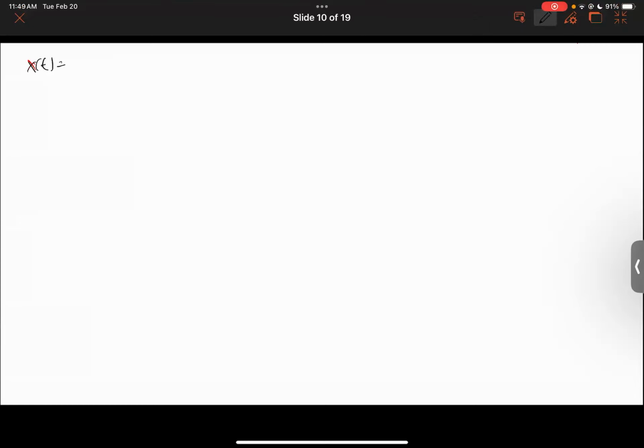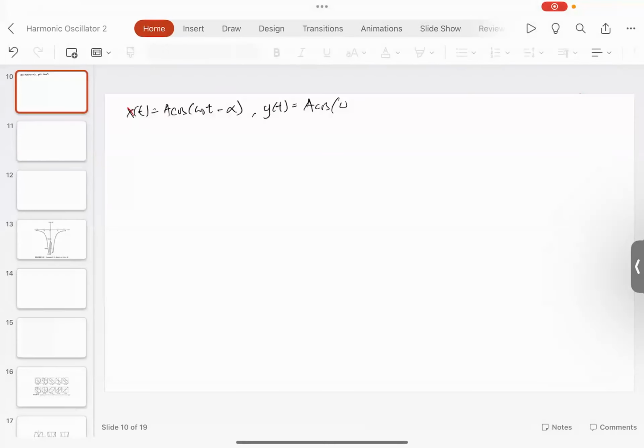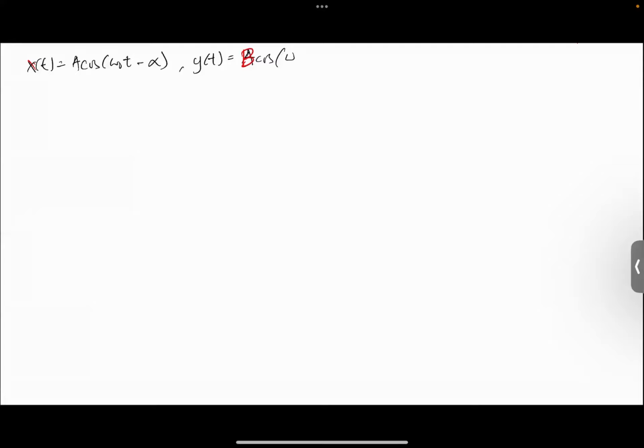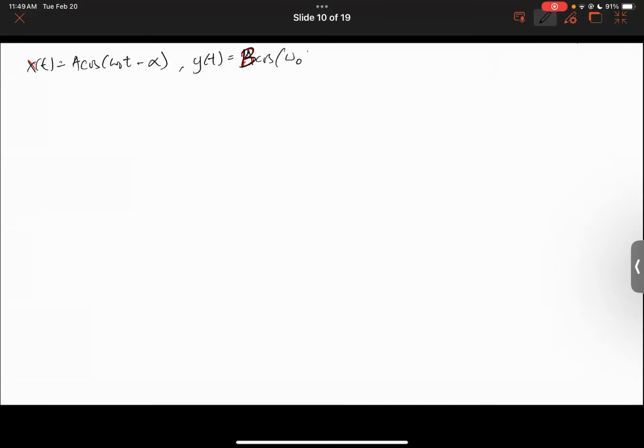We begin by writing x of t. So x of t is equal to a cosine omega naught t minus alpha, and y of t is equal to b cosine omega naught t minus beta.